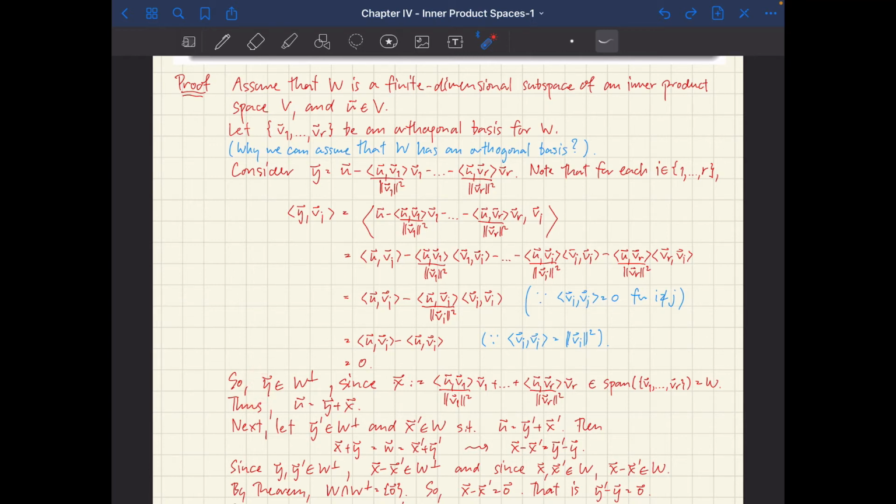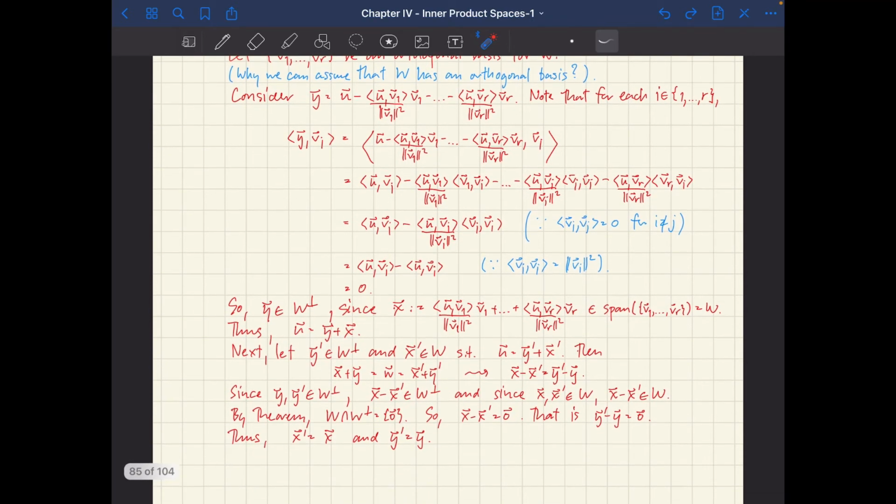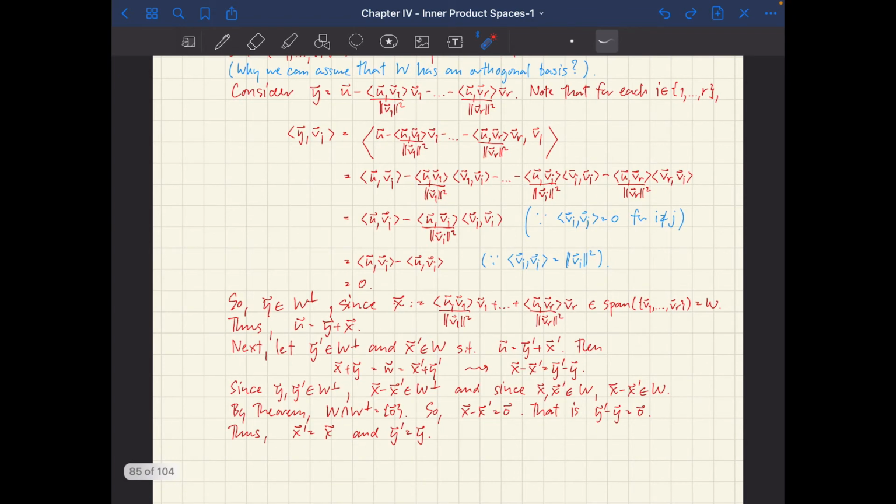Because the inner product of y and vi is equal to 0 for all i, and v1 to vr are the elements of the basis. So that's why we can conclude that the vector y is an element in W perp.